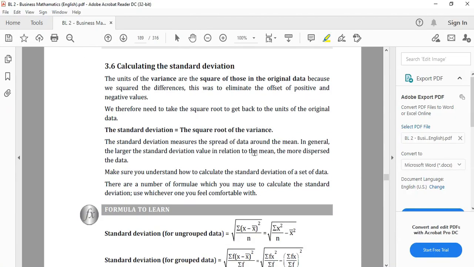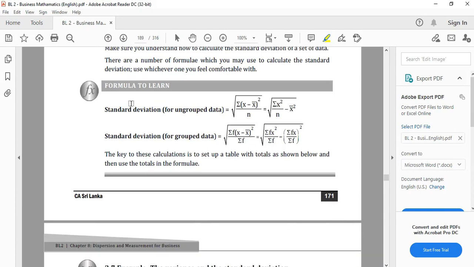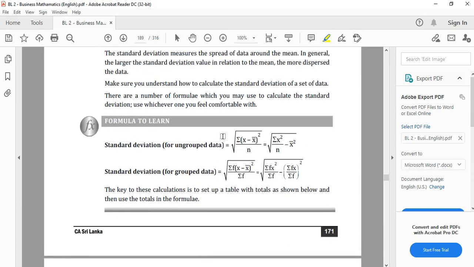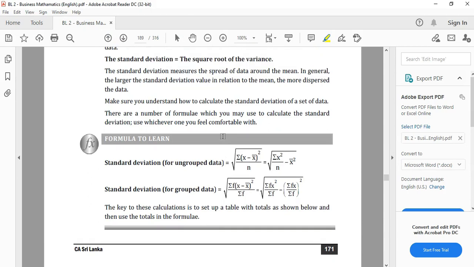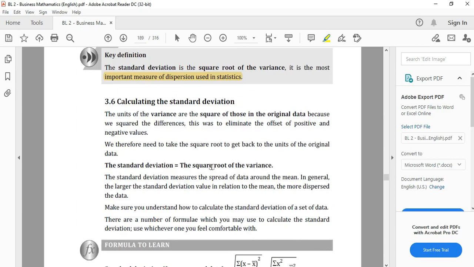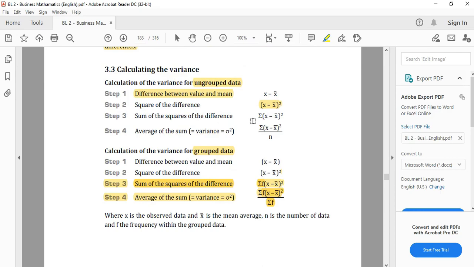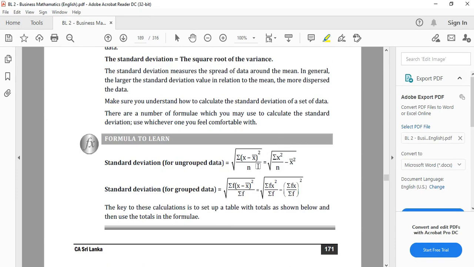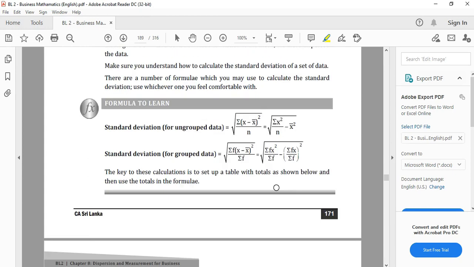So let's look. As you saw, the answer of variance, and how to get the variance, is the same variance formula they have inserted inside the square root. If you see, for ungrouped data, this is the formula, and this final formula they put there for the grouped data.